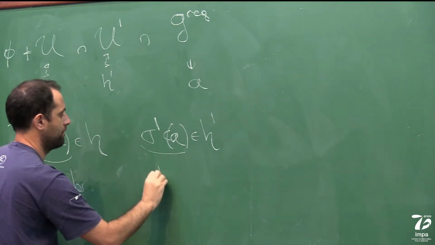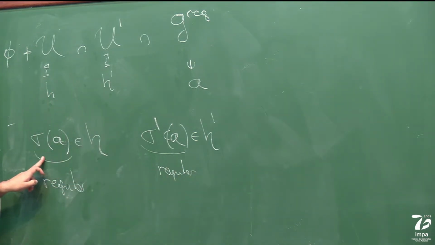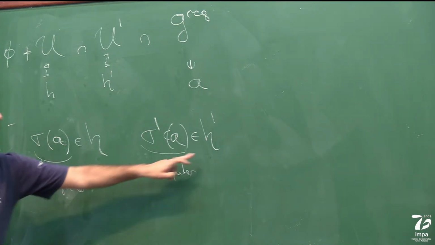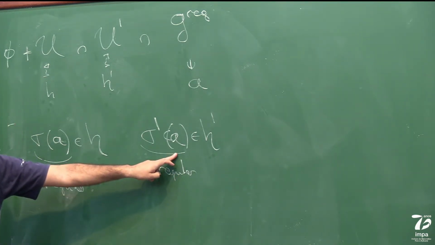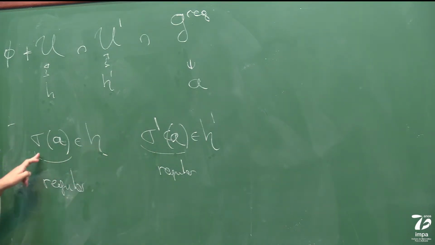And this is regular. So in particular, H has a regular element, and H prime has a regular element, and this is the centralizer of sigma prime of A inside of G prime, and this is the centralizer of sigma of A inside of G.